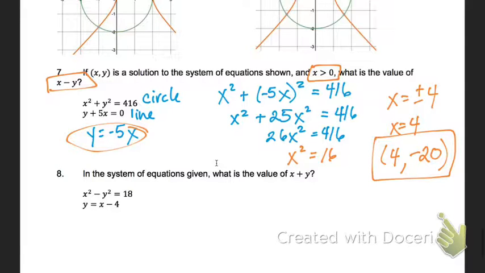So x minus y would be 4 plus 20. Why is it negative 20 and not positive 20? Because negative 5 times 4. So x minus y would be 24. I guess it just asked like a follow-up question.